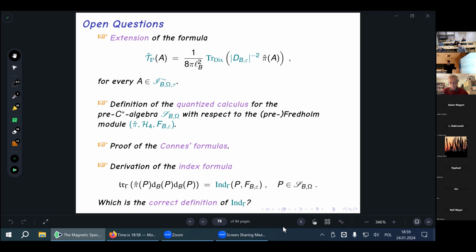In one incarnation, the quantum Hall effect, you can compute these Chern numbers. This is a Chern number in some sense, and it can be computed as a Fredholm index of a pair of projections.